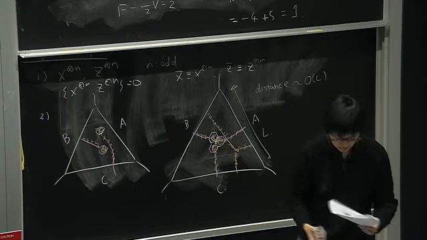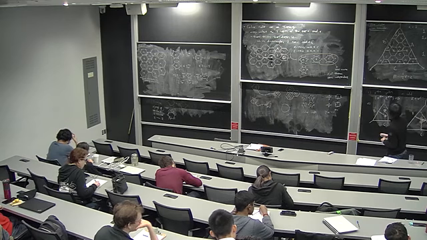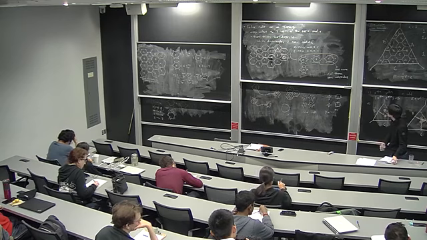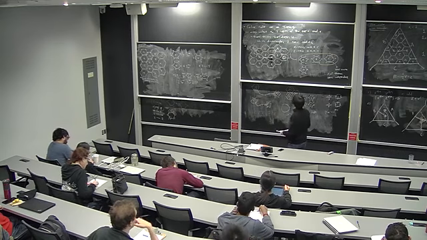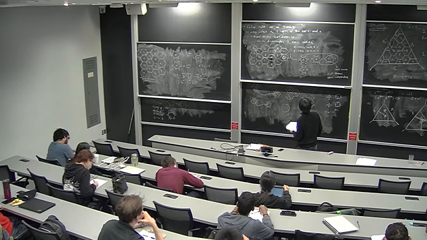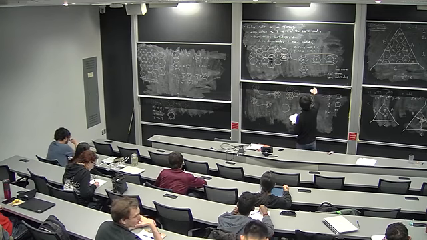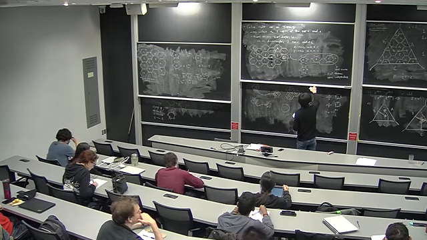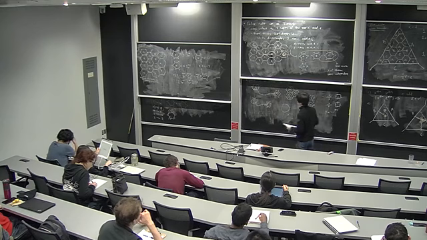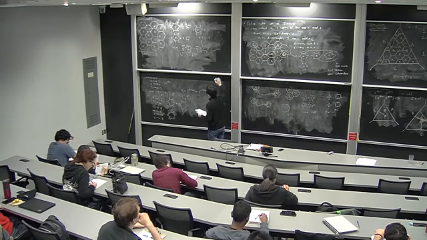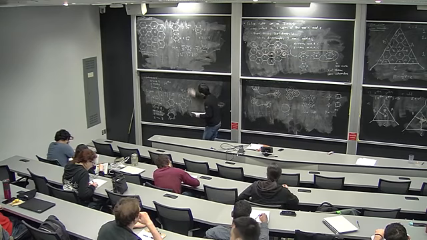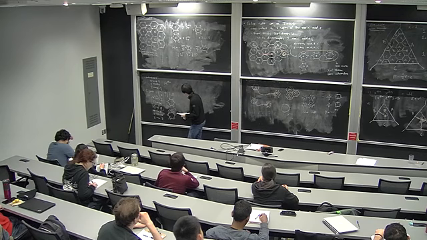Good. Okay, so this is the topological color code. Maybe I can erase this board.